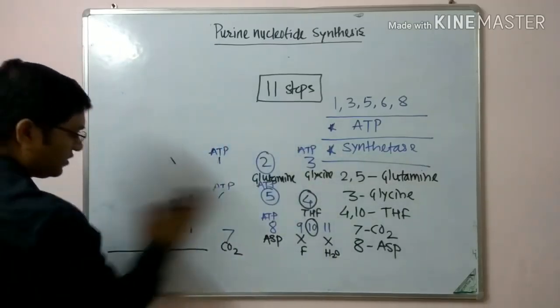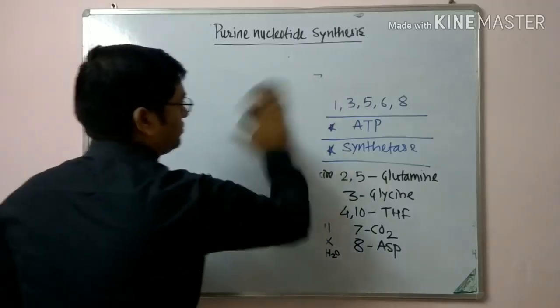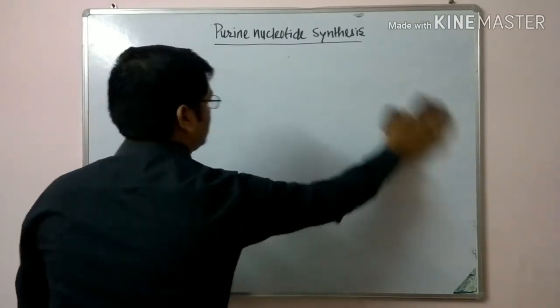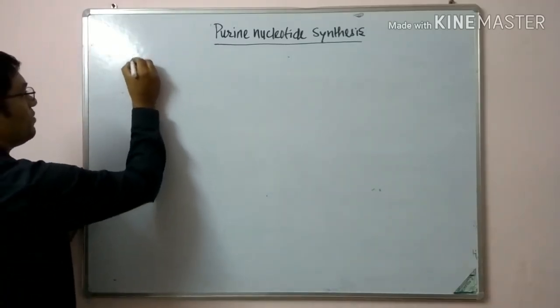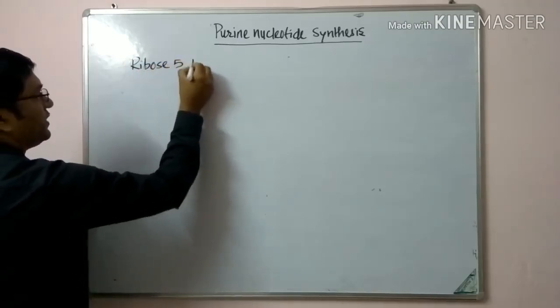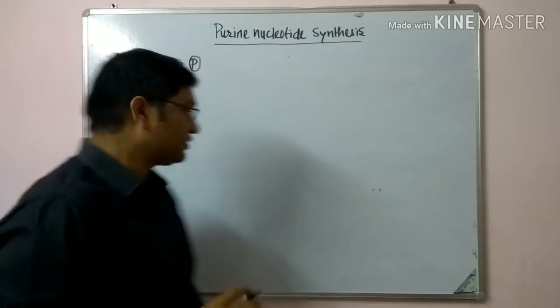Now we will start the IMP synthesis. The first precursor molecule is ribose 5-phosphate, which is synthesized in the HMP shunt.